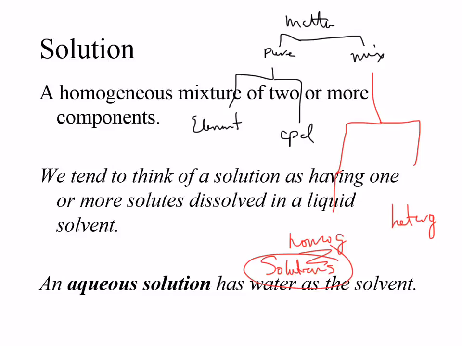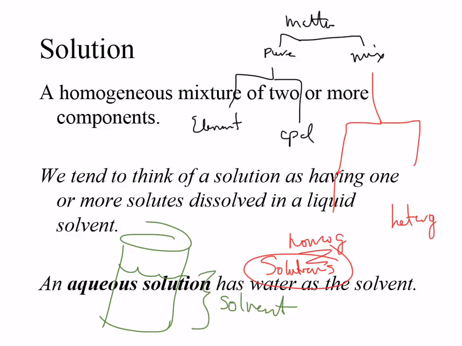But we usually think of liquid solutions, and there's too many S's to solution chemistry. I always like the whole beaker thing. So here's my green beaker, my liquid solution. The thing you have a lot of is called the solvent, and the thing that you add a little bit of is called the solute.